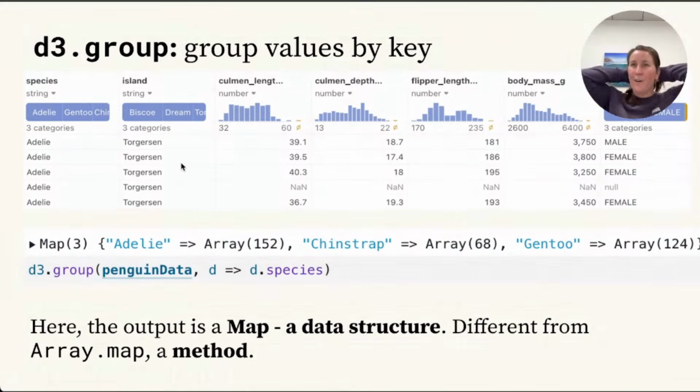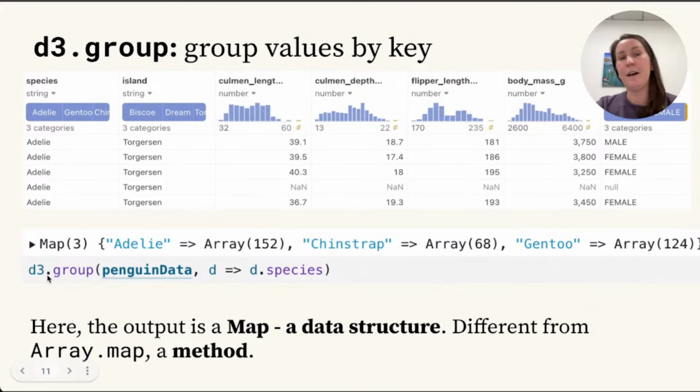These are really useful when you actually do want to identify and work with different groups that exist within your data. So first, we're going to learn about D3 group. The job of D3 group is to group values by key. And it works using the same syntax as we've been using previously for these other summary statistics.